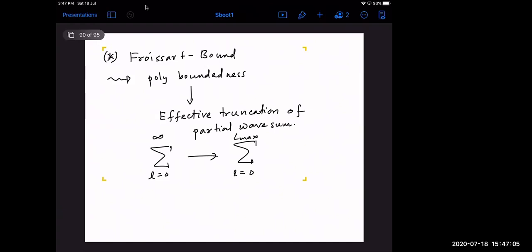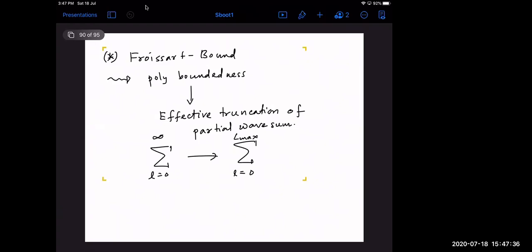So one of the first points would be to understand this. An L max can also be understood heuristically from a semi-classical argument: if you have a finite range potential, L max will be cut off. But my suspicion is that one can also obtain a quantum information theoretic understanding of why this partial wave sum can be cut off.